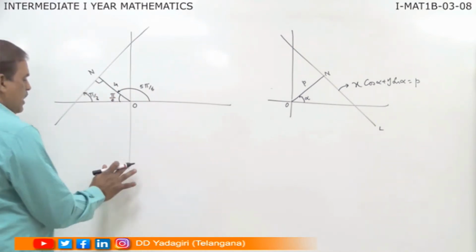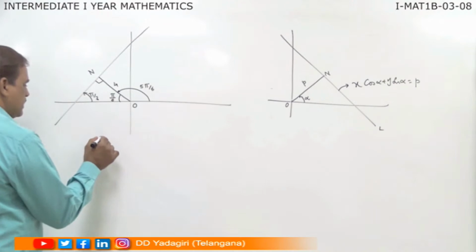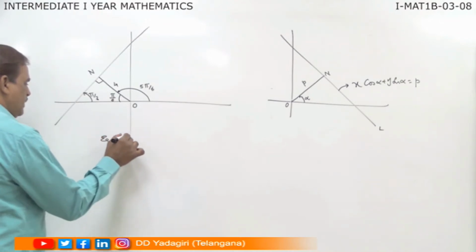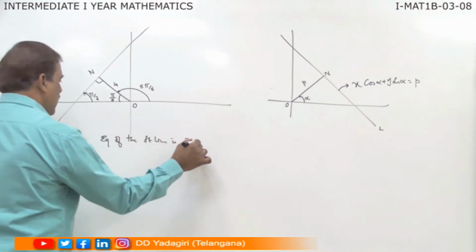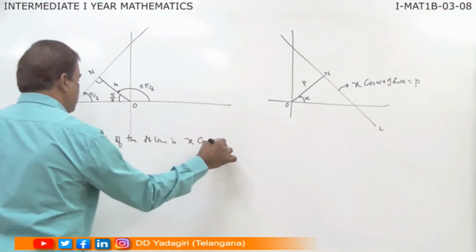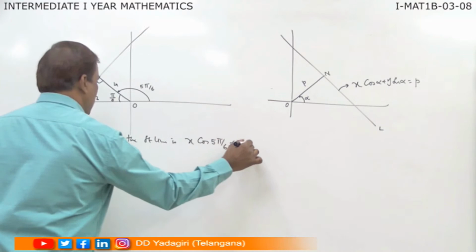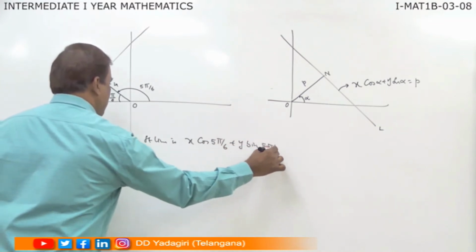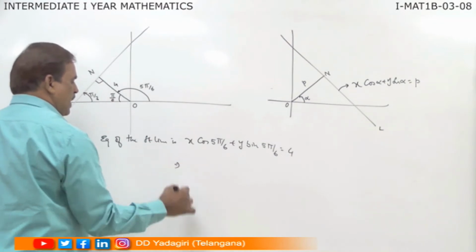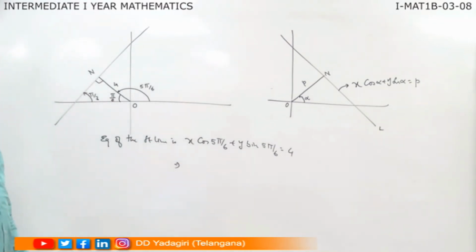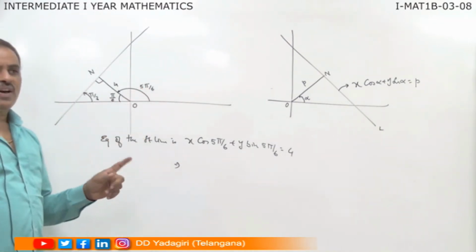Hence the equation of the straight line is x cos 5 pi by 6 plus y sin 5 pi by 6 is equal to 4. 5 pi by 6 means 150 degrees.